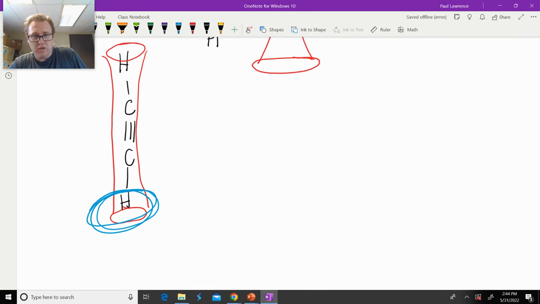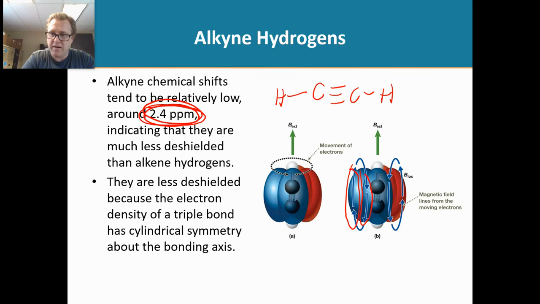So when you look at the field lines here, this hydrogen right there, you see these two field lines are in line with the external magnetic field. But then these two right here are in opposition to the external field. Because you have these two magnetic lines in competition with one another, it's not going to deshield it as much as we would have expected.